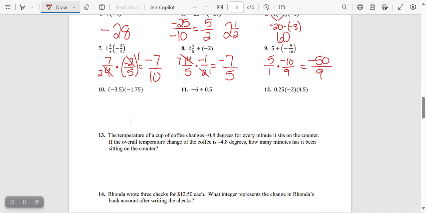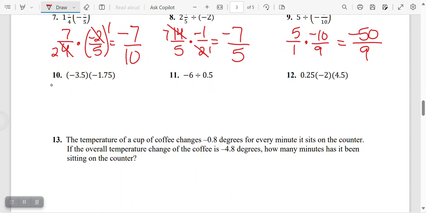Number 10, we want to stack these up. I'm going to put the 1.75 first and then the 3.5 underneath. Again, the one with more digits should be on top, but notice I'm not lining up the decimals. Remember, we're lining up the number on the right-hand side. 5 times 5 is 25, 35, 36, 37, 5, 6, 7, 8.